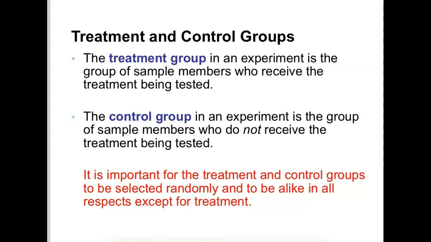But now I've introduced bias because maybe Trey just likes to listen to music. So for him, it does work better. I would want to randomly assign people the treatment or the control group.